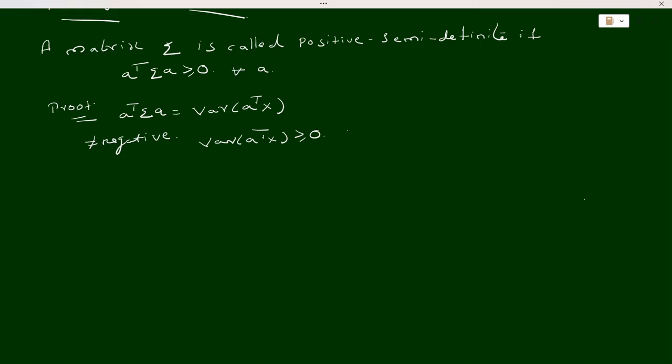So therefore, A transpose capital sigma A is also greater than or equal to 0.